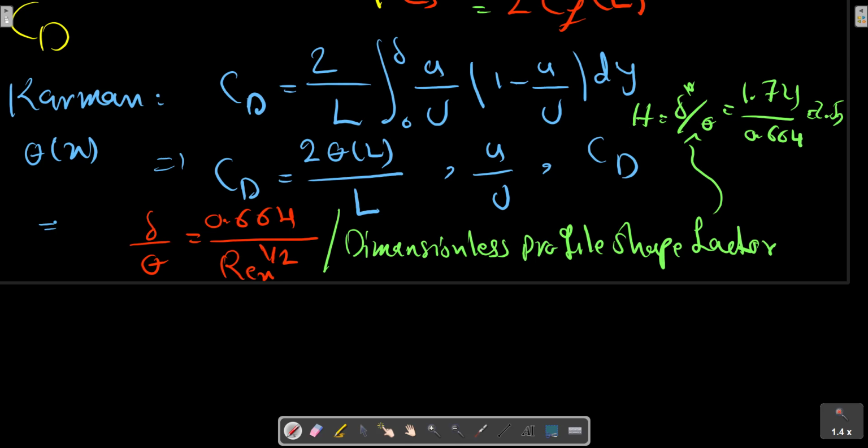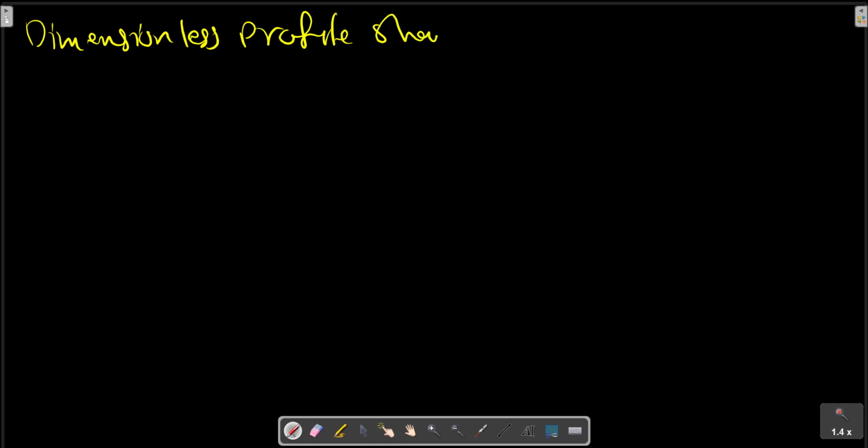Let me write on the next page the dimensionless profile shape factor, H equals delta star on theta.